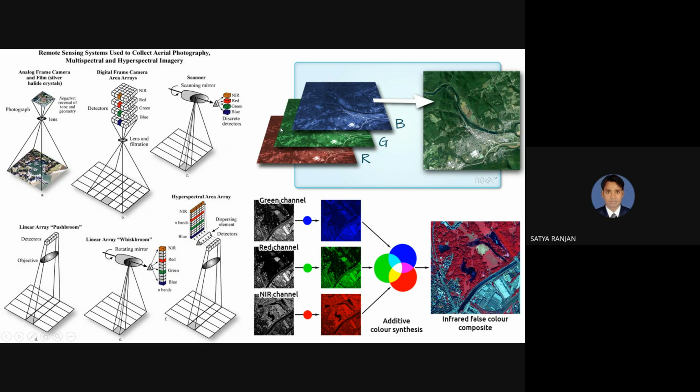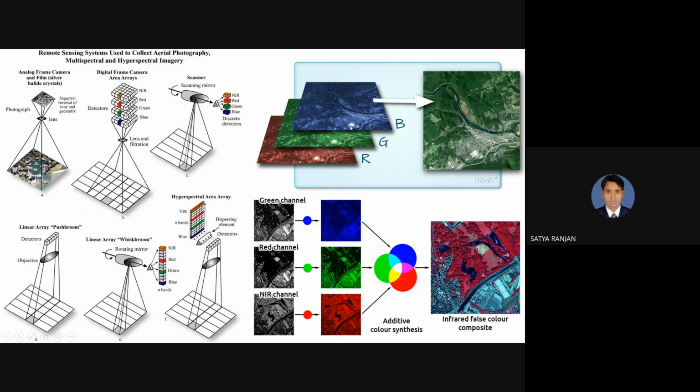Now we've seen that previously, yesterday there is a false color image I have seen. I have shown some of the pictures. So these are the bands. So single band, that is blue, green, red.